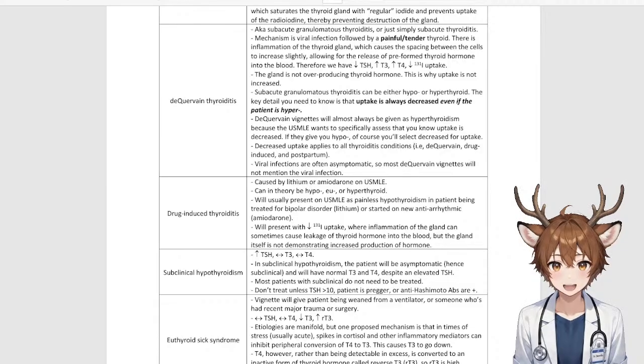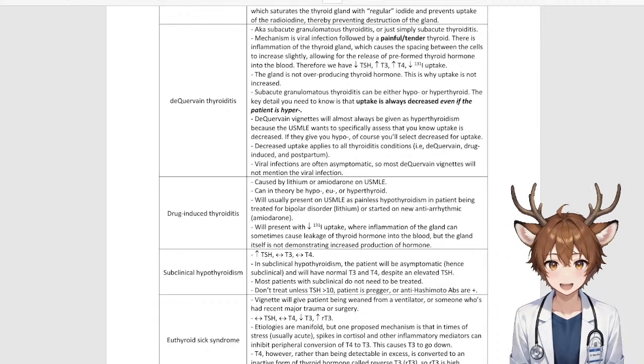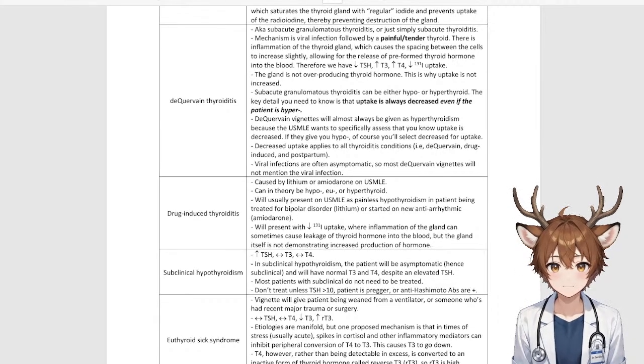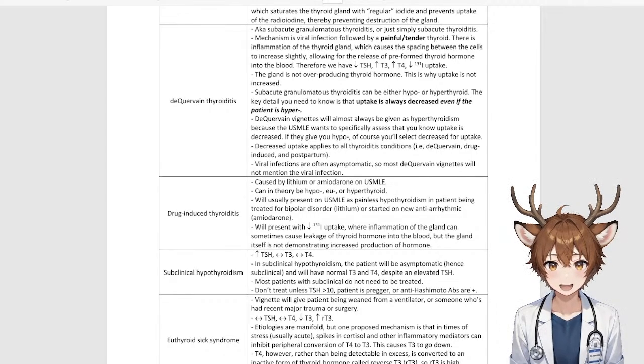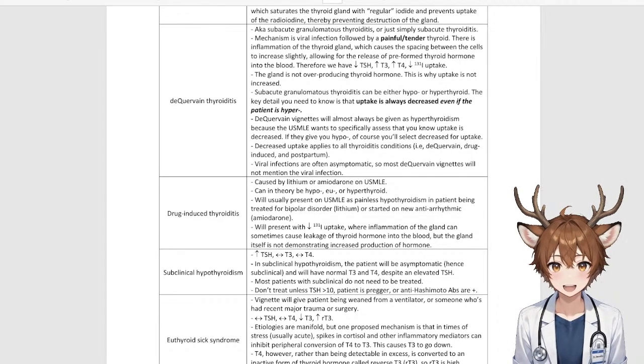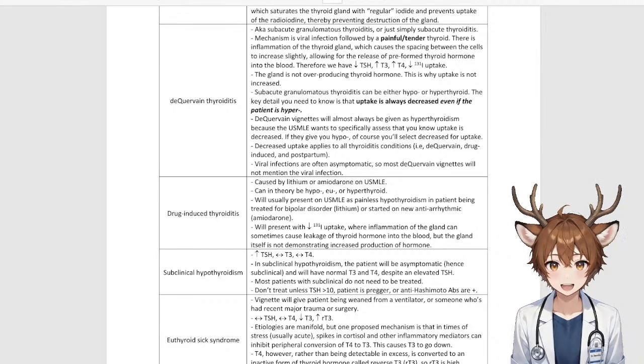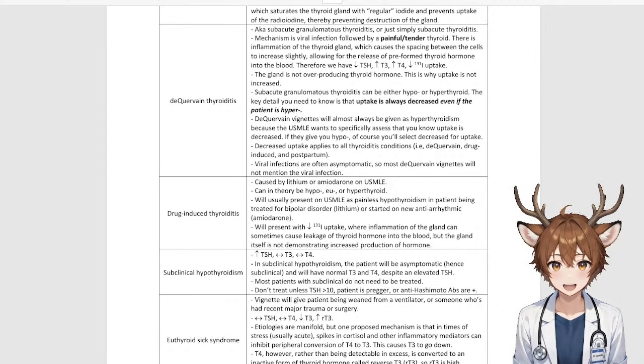If they give you a hypo, of course you will select a decrease for uptake. Decreased uptake applies to all thyroiditis conditions, i.e. De Quervain, drug-induced, and postpartum. Viral infections are often asymptomatic, so most De Quervain's vignettes will not mention the viral infection.